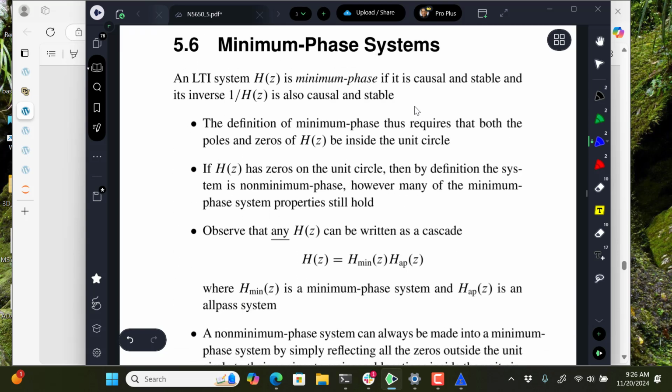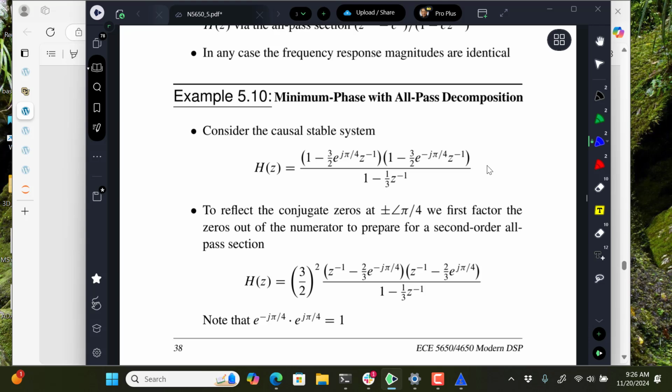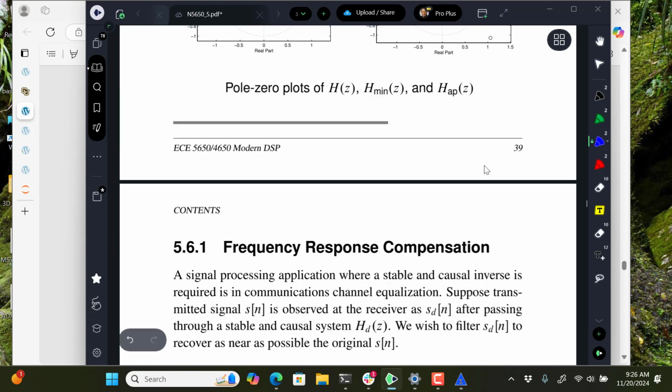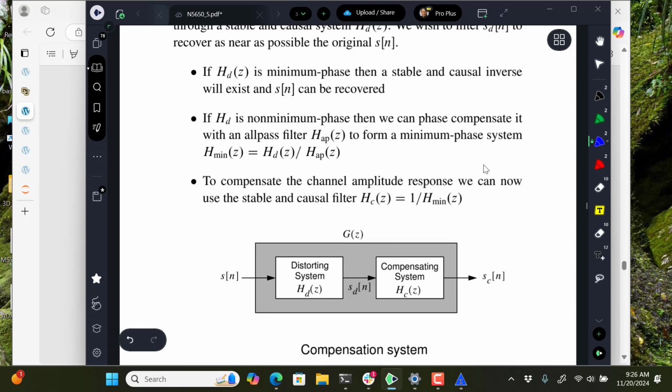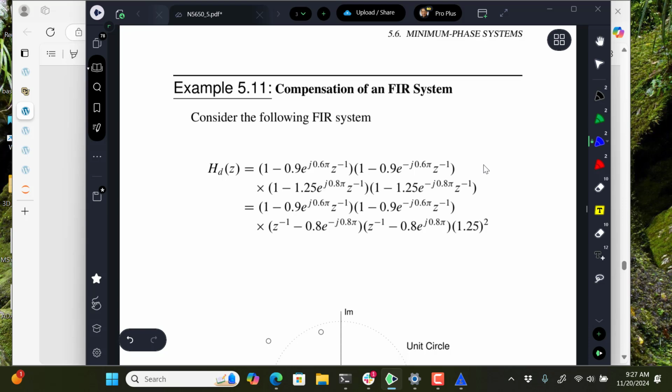But then we're going to go into minimum phase systems, and we'll do this after the break, and then we'll be into some examples, which is similar to one of the homework problems, and then this example here of the equalizer frequency response compensation, and this example that's in here is converted to an application example in exam 2.